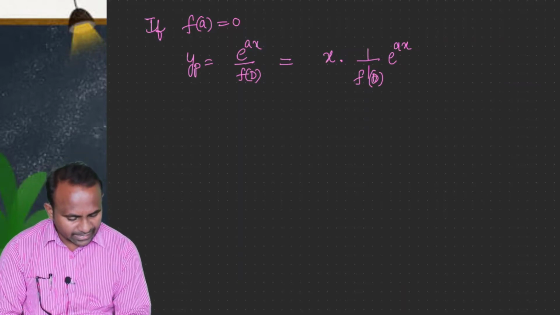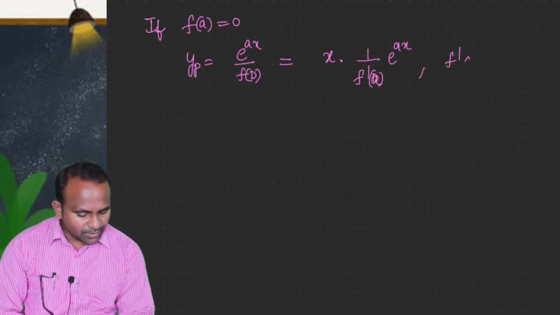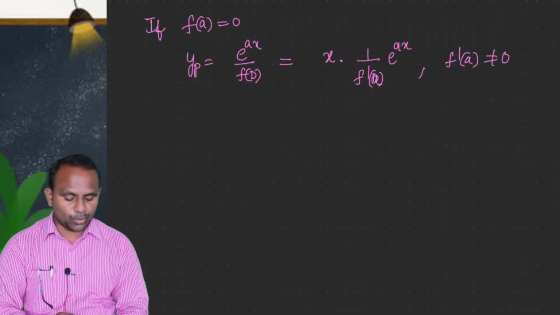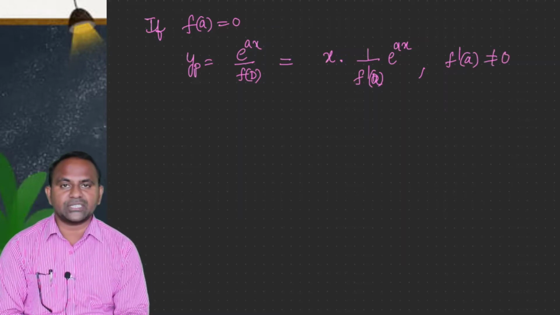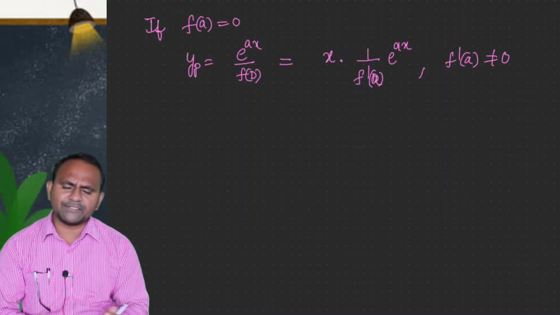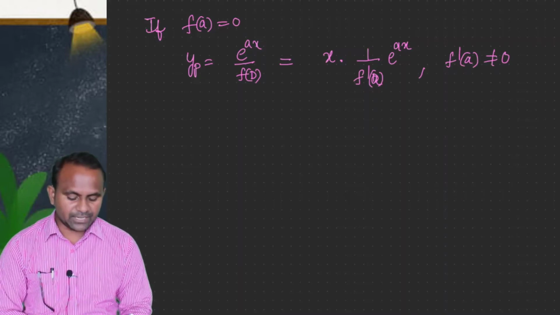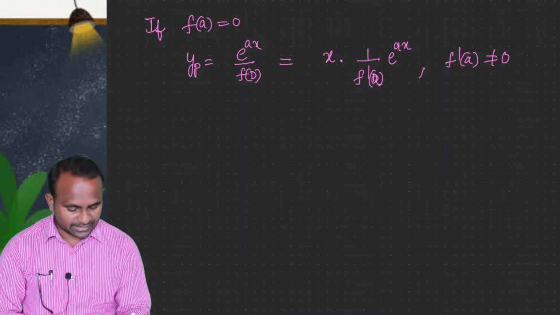This is also possible whenever the first derivative in the denominator is not equal to 0. This is the rule we must follow whenever the direct substitution is giving 0 in place of a in the function f of d. Otherwise, we can simply put f of a as the denominator, and we leave it as the particular integral. Hope you can understand that.